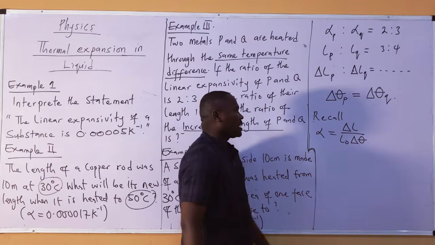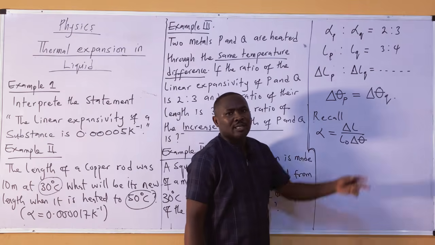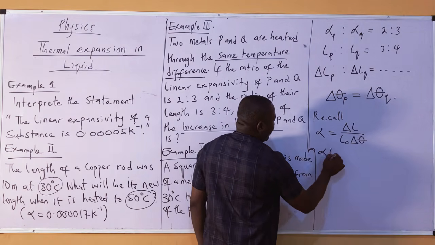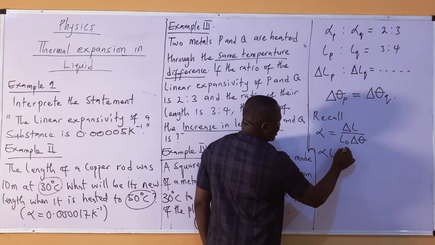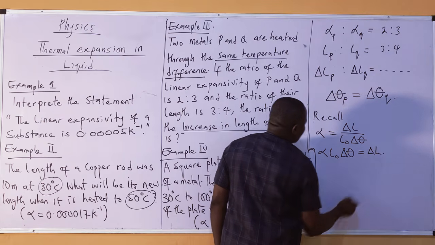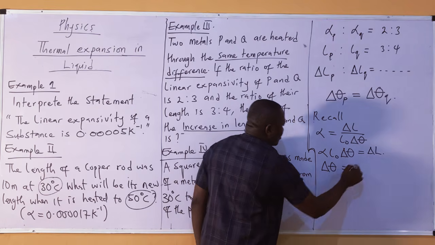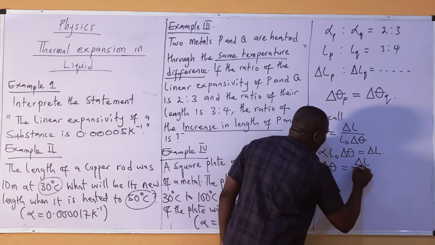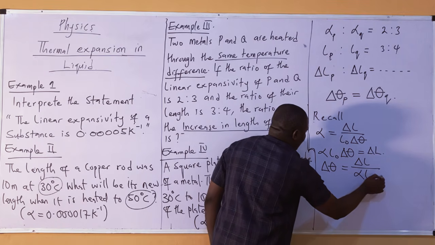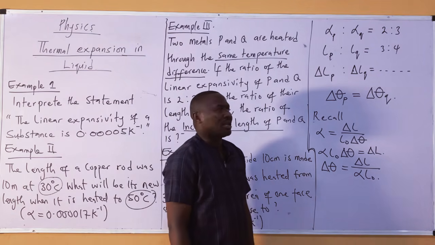Let's make change in temperature the subject of the formula. I'll cross multiply: alpha times original length times change in temperature is equal to change in length. So change in temperature is equal to change in length over alpha times original length.